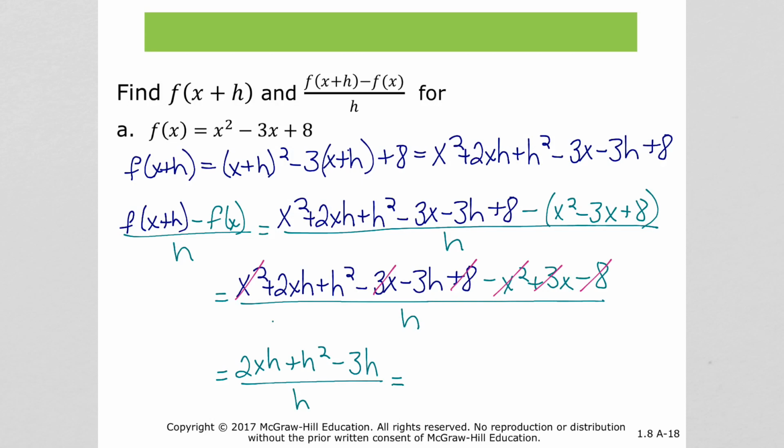Okay, so we can factor out an h on the top, and that makes these h's cancel, and we're still left with one, but that's okay. So 2x plus h minus 3 is your answer.